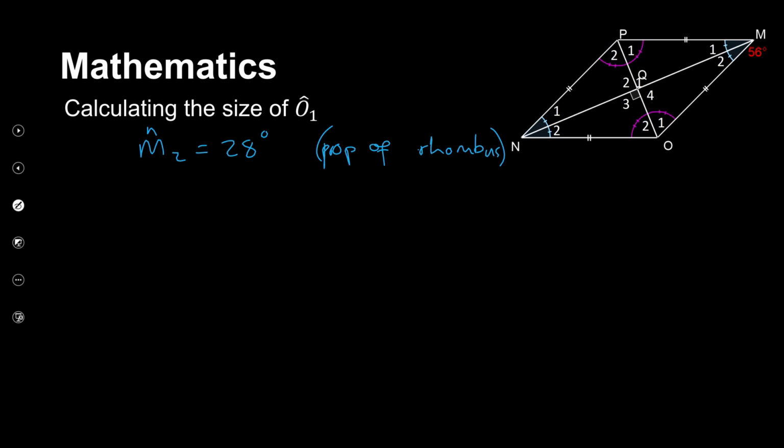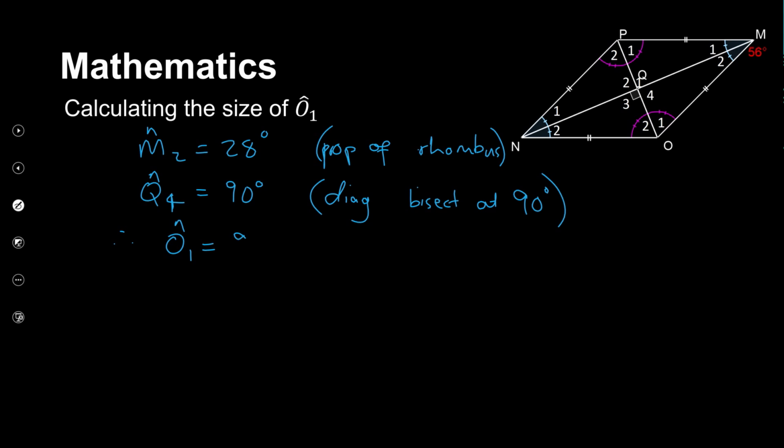And then from there, I know that based on that, I will say that Q4 is equal to 90 degrees. And my reason for this will be diagonals bisect at 90 degrees.